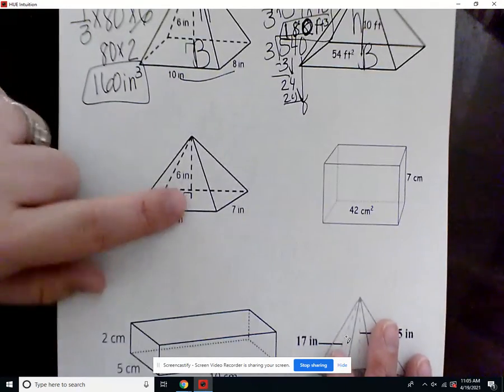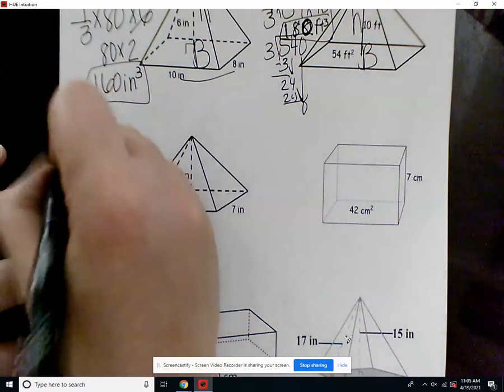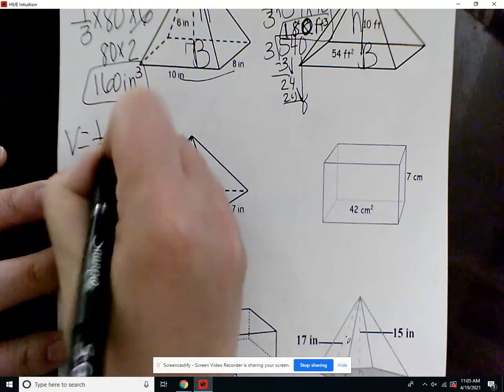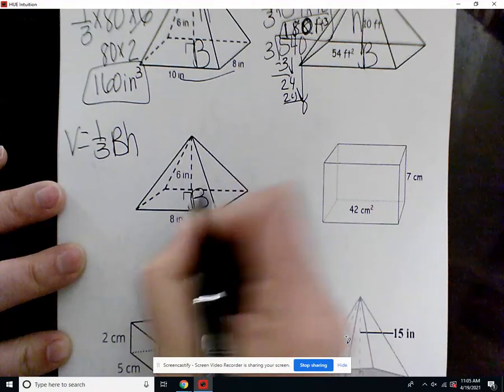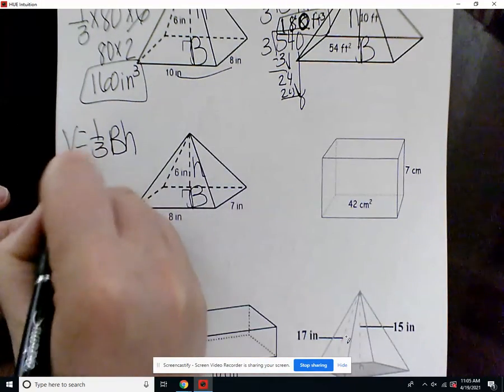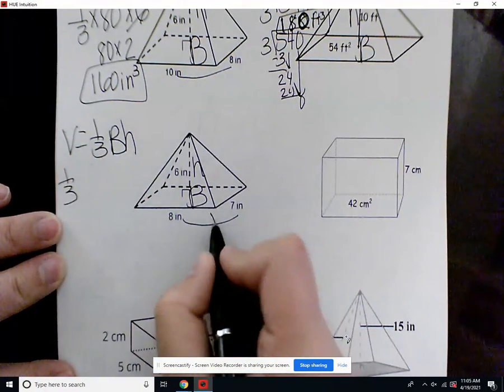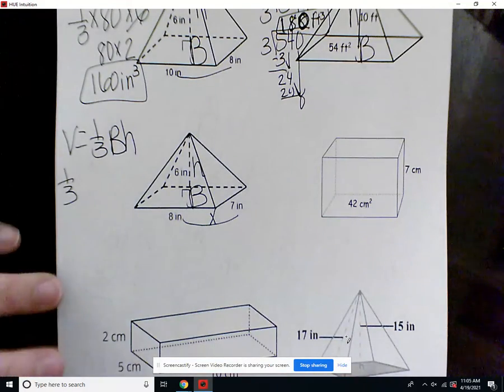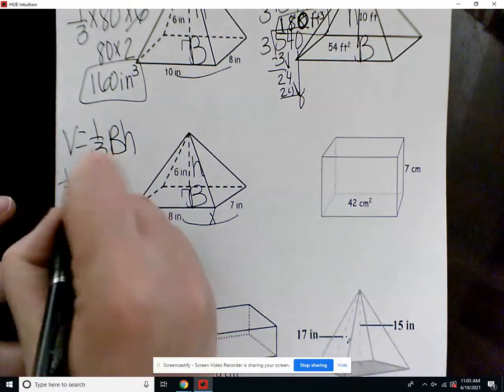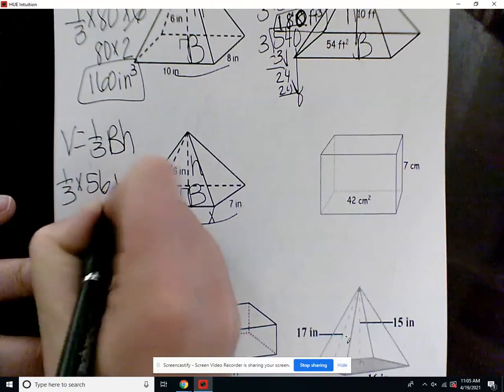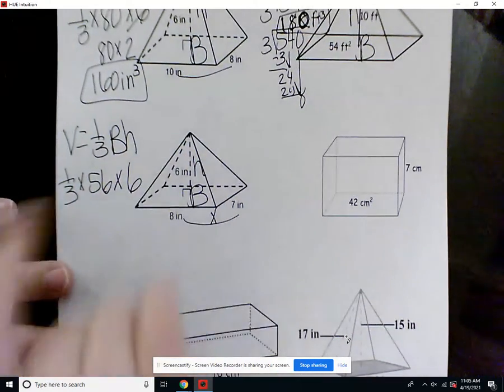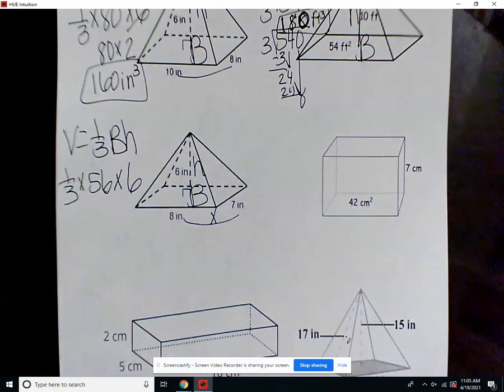Okay, so going down, so again, this one is a pyramid. We have our 1/3 BH. So there's our base, there's our height. So find the area of our base. So we're going to multiply them together because it's a rectangle. So 8 times 7 is 56. My height is 6. So again, can I divide 3 into one of the numbers?